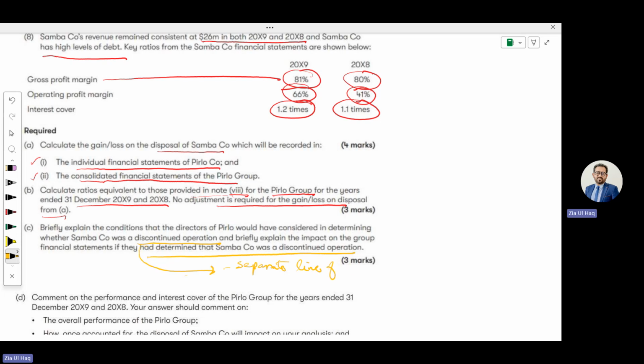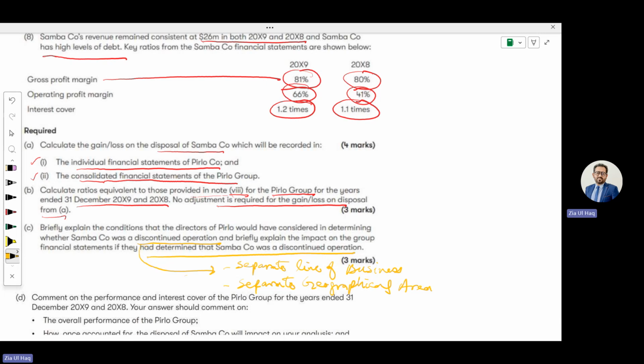Separate line of business means performing a different type of operation than the rest of the business, or operating in a separate geographical area. Separate geographical area means they are operating in an area whose laws, regulation, risk and reward are different from the rest of the business.